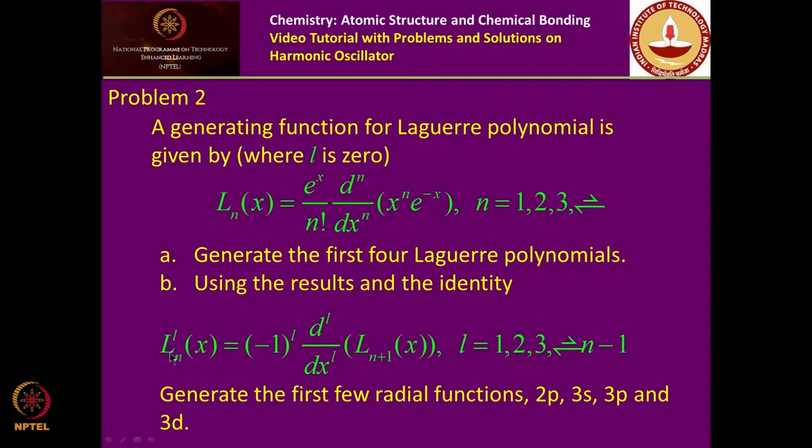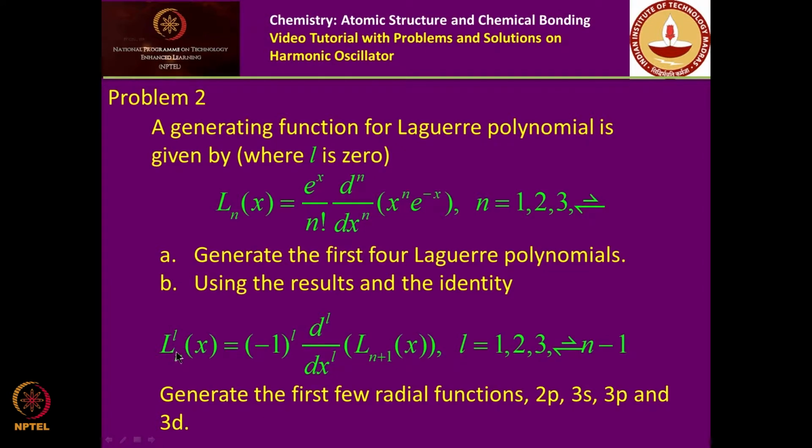We need that to calculate the actual hydrogen atom Laguerre polynomials that we obtained in the earlier lecture notes. N is the principal quantum number for the hydrogen atom, L is the angular momentum quantum number, and L can take a maximum value of n minus 1 and a minimum value of 0.